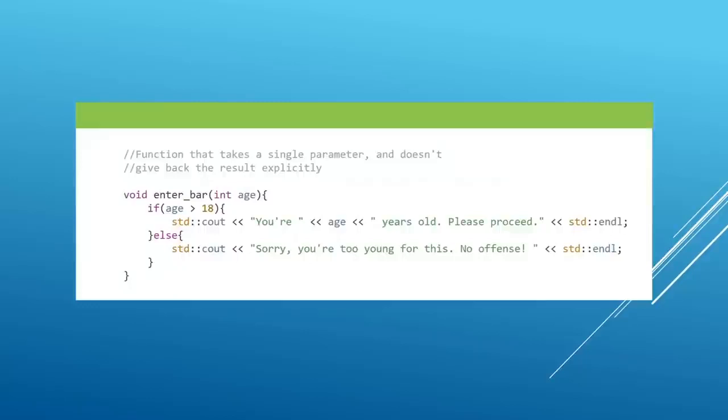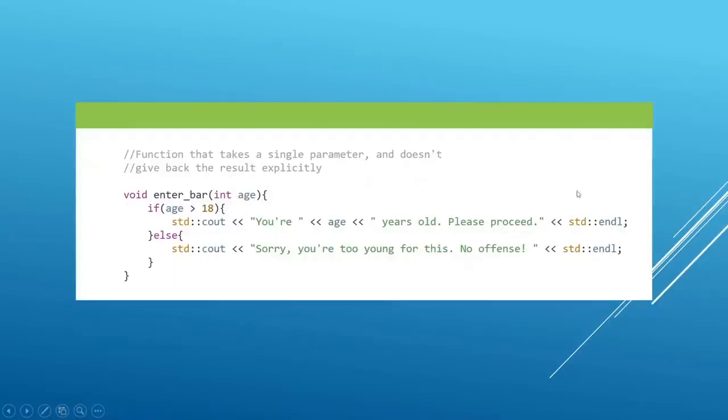And now we're going to look at a few examples of how you can really declare functions in your C++ program. For example, here we have a function called enter_bar. It doesn't return anything, so we can't catch the result of this function. And it's going to have one input in the form of an integer. So the parameter is called age here, it's an integer.